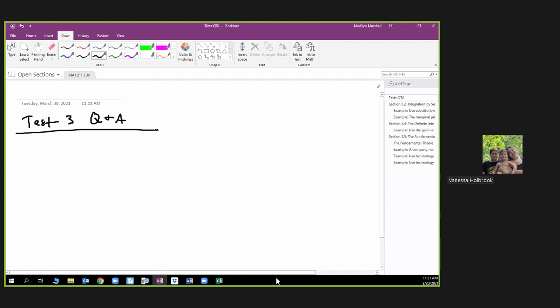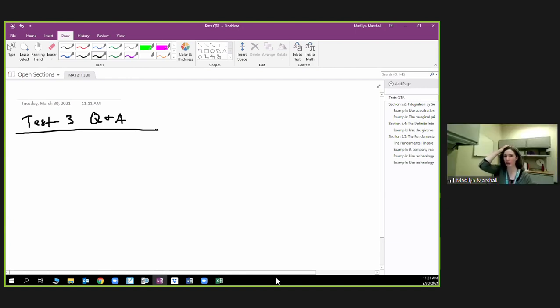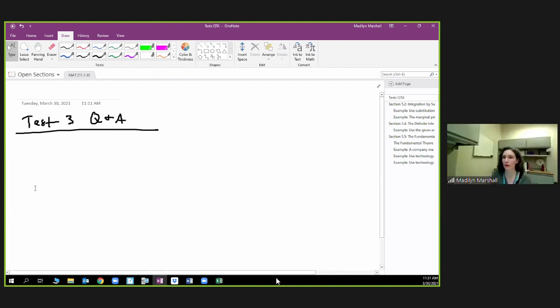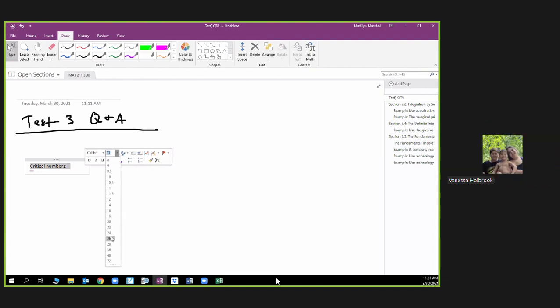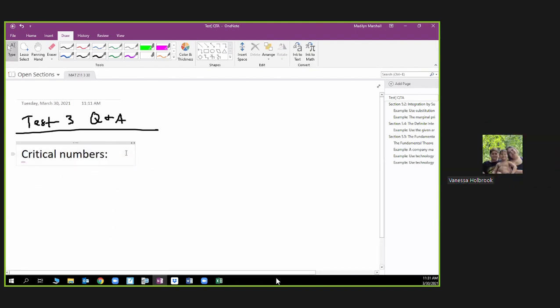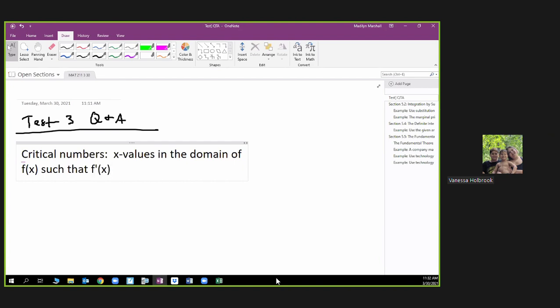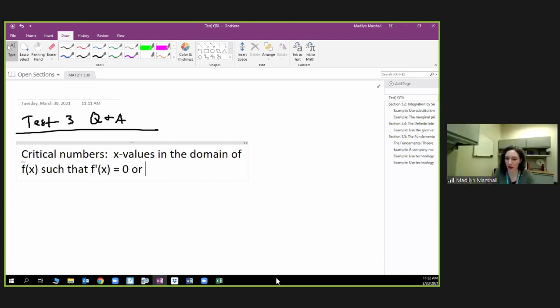So the first question in the chat is, with critical numbers, are they only increasing and decreasing, concave up and concave down? So critical numbers are x values in the domain of f such that f prime is 0 or f prime is undefined.